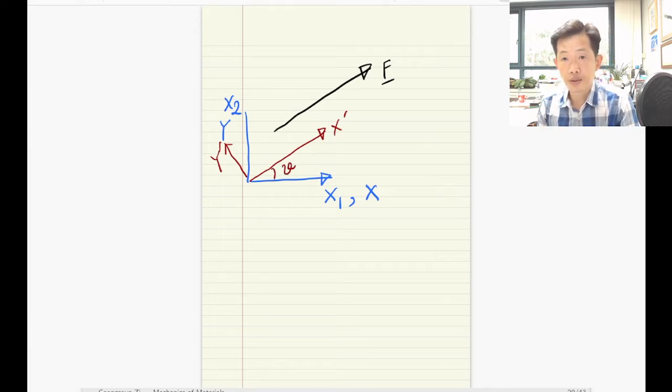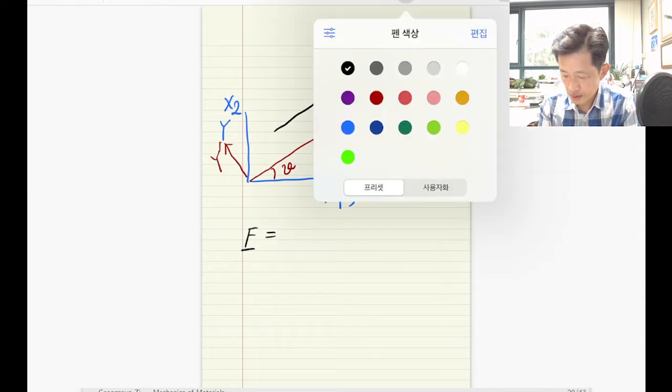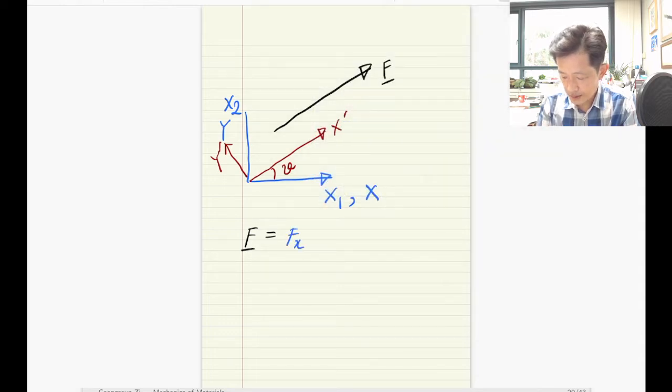So now let's try to interpret the physics. Let's try to measure this vector with respect to the choice of coordinate system. So we can measure this vector F differently. So vector F can be measured with respect to the blue coordinate system. Let's change the color here. So Fx, the normal in the x direction, plus the projection of the vector in the blue coordinate system, the normal in the y direction.